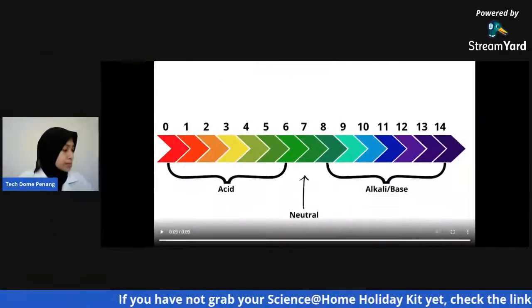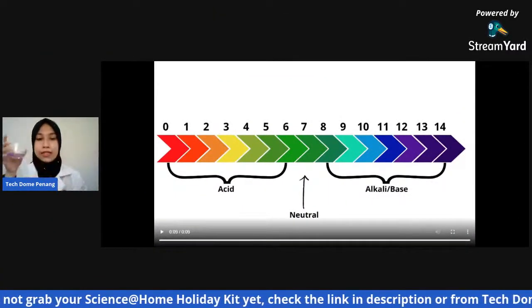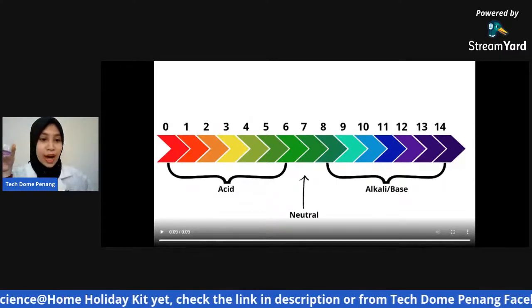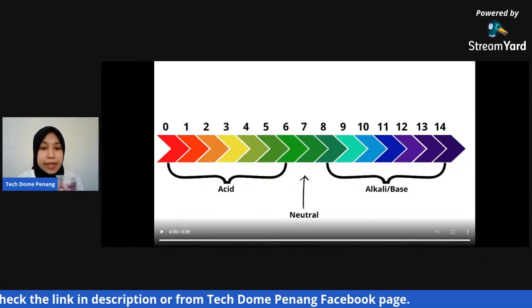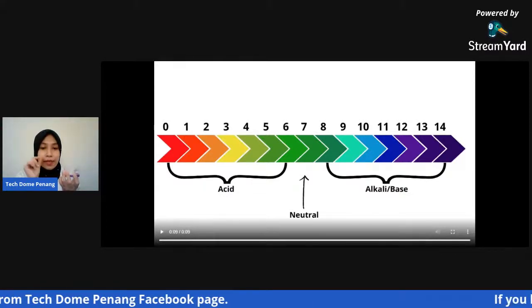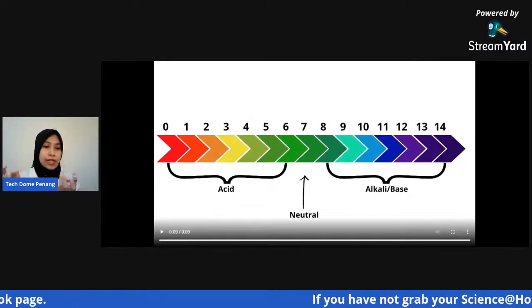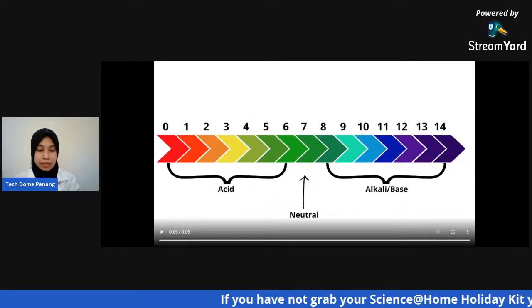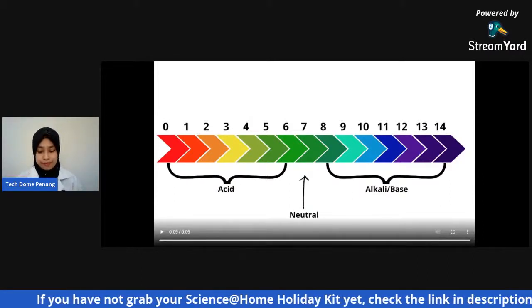Like the last one just now, sodium carbonate: when it is added with universal indicator, we get a purple color. So the pH value may be between 12 and 14.